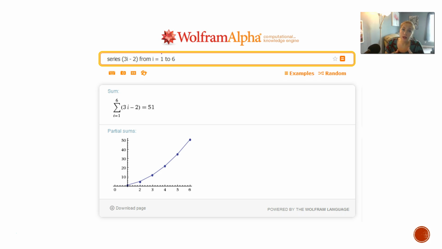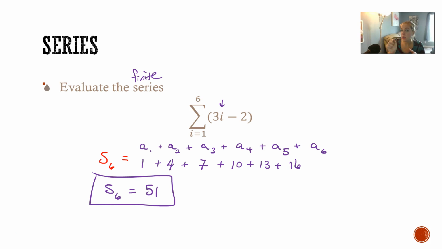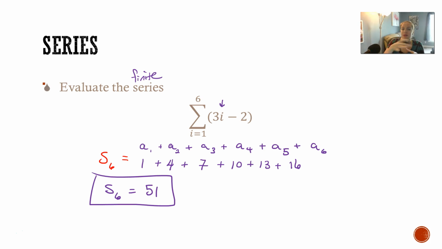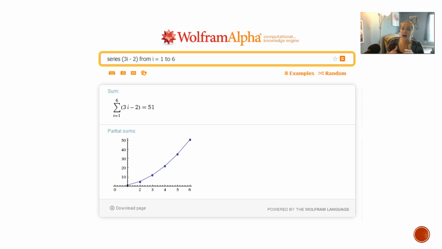Now in your homework, you have to show me this work, so you can't just go to Wolfram Alpha because that's not showing work. You have to find the first 6 terms and then sum them up. But you can check yourself: I can go to Wolfram and ask, did I do this right? Am I on the right track?